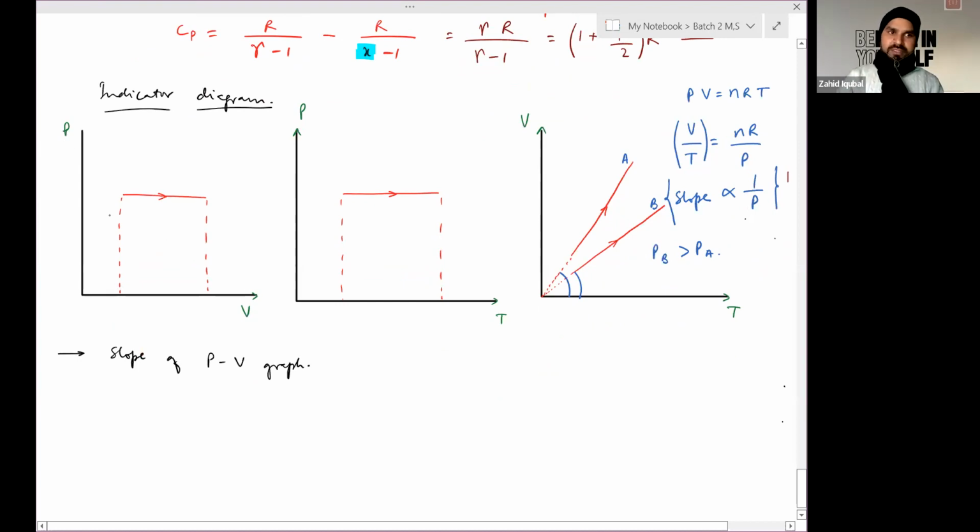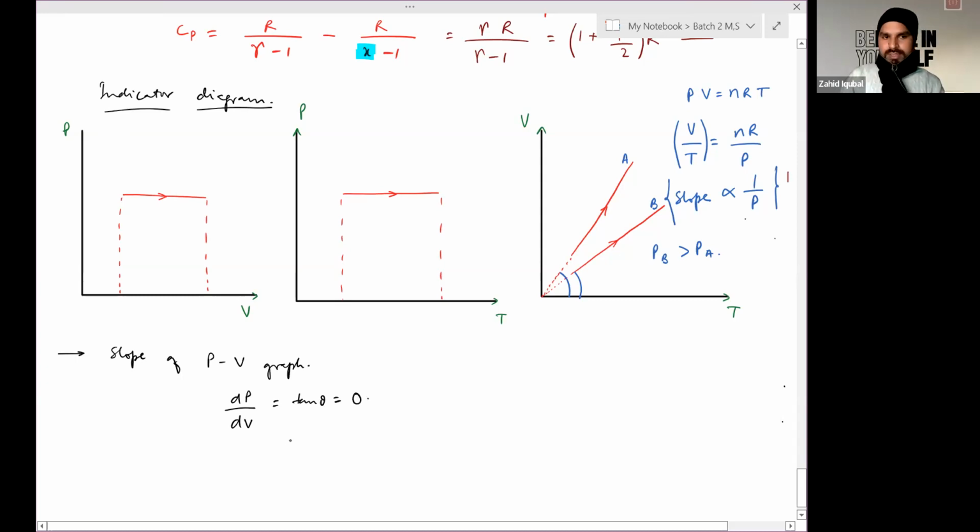Since this PV curve is a straight line parallel to the x-axis, the inclination of this line with respect to the x-axis is 0. So tan 0 will be 0. So we can say dP divided by dV, which equals tan theta, will be 0.